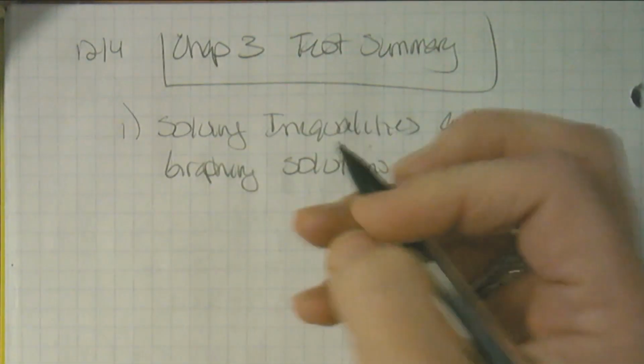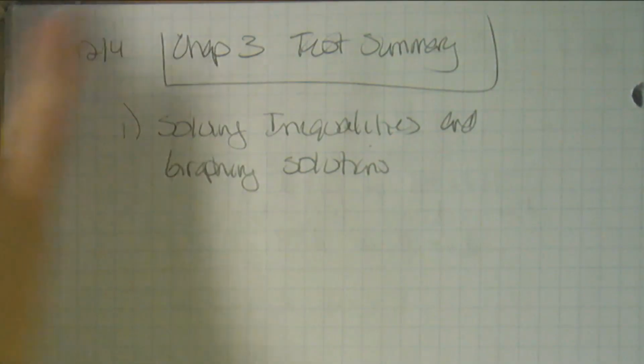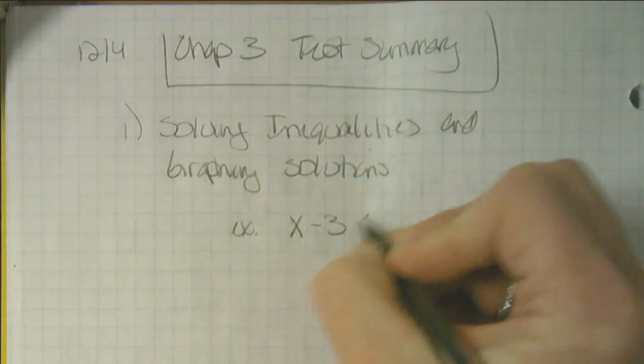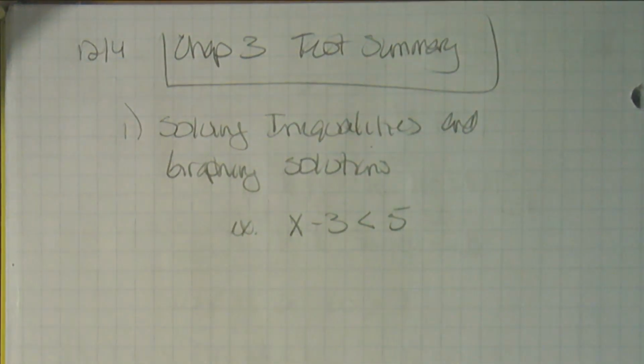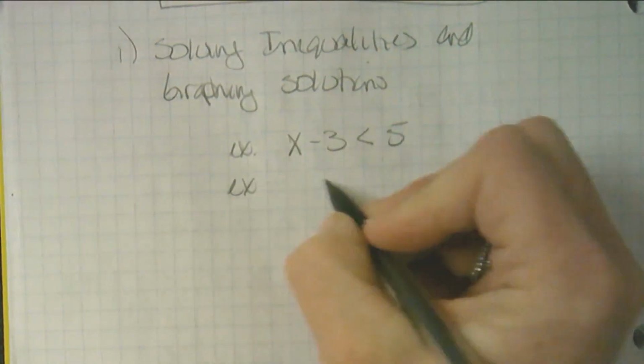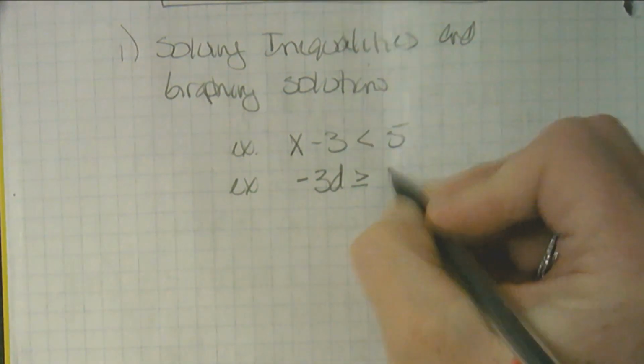We had problems like x minus 3 is less than 5. So these are just single inequalities. Or negative 3d is greater than or equal to 15.